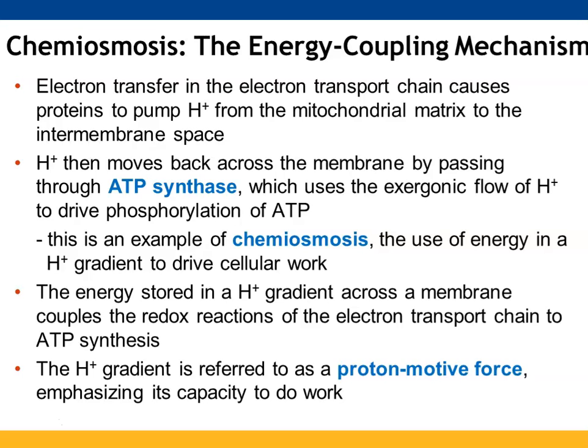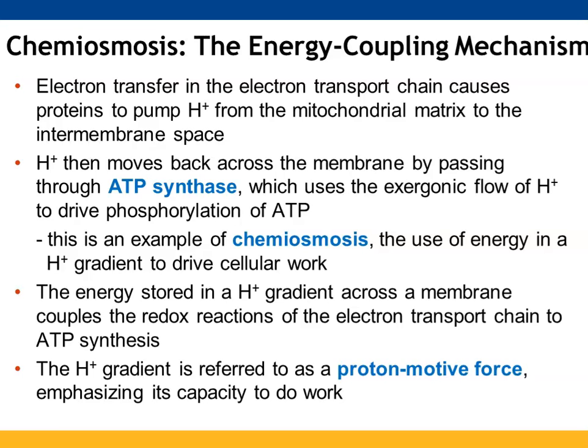But there's only one place where the hydrogen ions, which are charged particles, are able to move back through the membrane, and that is through a special protein, an enzyme, ATP synthase. You're going to see how ATP synthase is able to use the flow of those hydrogen ions to make ATP. This would be an example of chemiosmosis.